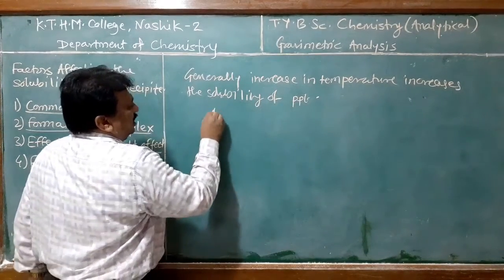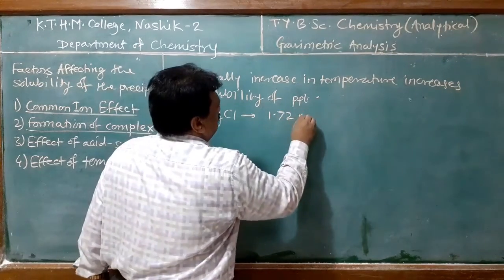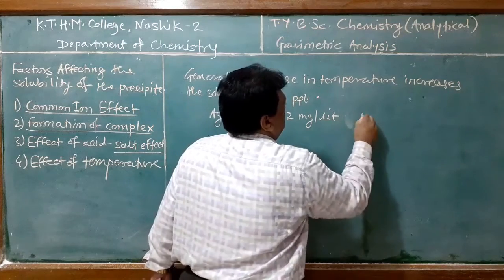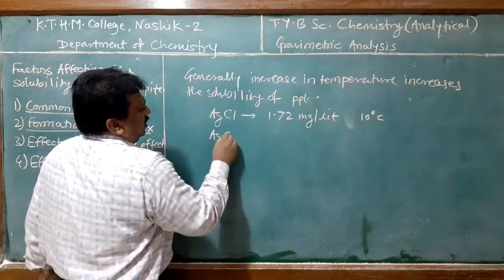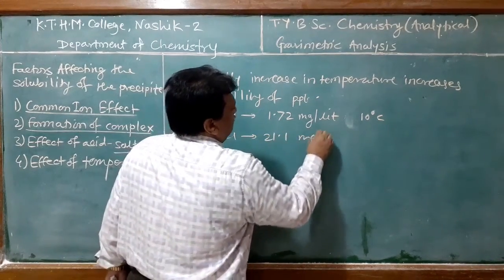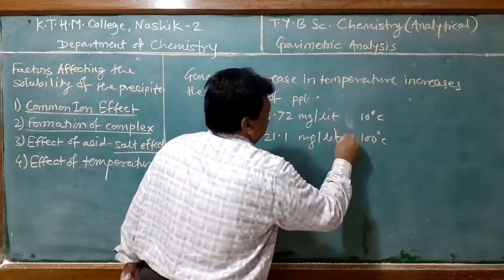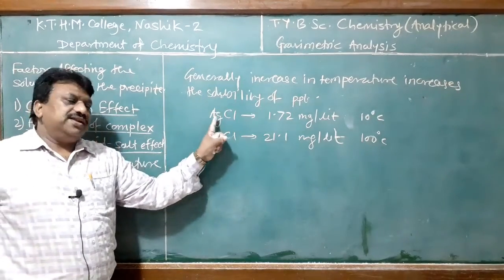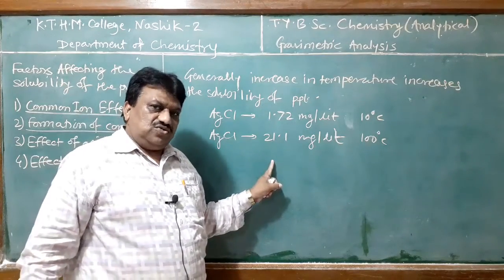For example, silver chloride, AgCl, has a solubility of 1.72 milligram per liter at 10 degrees centigrade. It increases up to 21.1 milligram per liter when temperature increases to 100 degrees. That means solubility generally increases with rising temperature, but it is not true for every electrolyte.